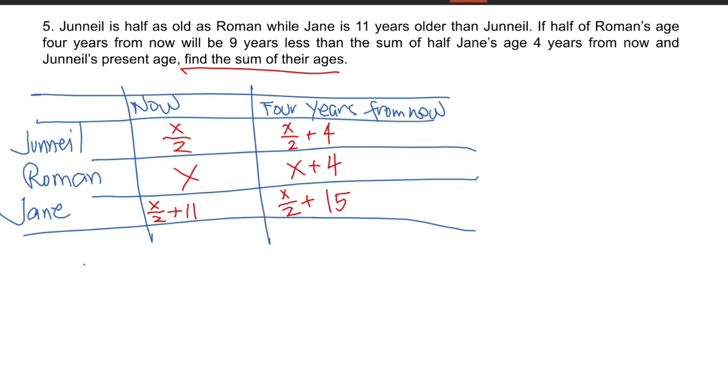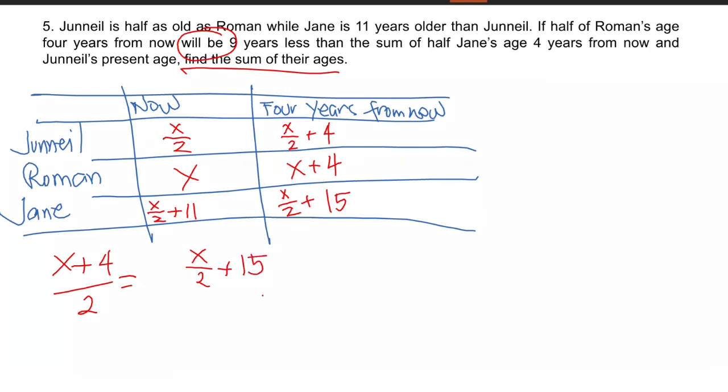Now let's continue reading. If half of Roman's age 4 years from now, let's get Roman's age. Half of it, that's x plus 4, then we divide that by 2. It will be 9 years less than the sum of half of Jane's age 4 years from now. So let's get Jane's age 4 years from now. That is x over 2 plus 15.